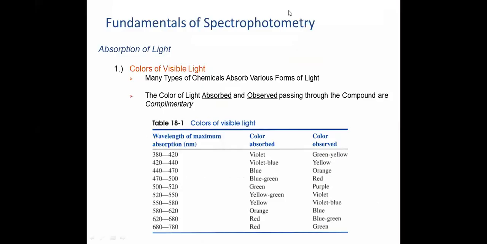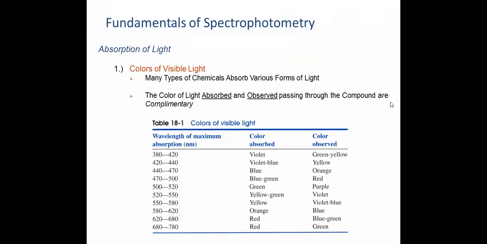So in the fundamental part of spectrophotometry, we discuss the different colors of visible light versus their color absorbed, as well as the color observed. So this chart is very important for colorimetric estimations.